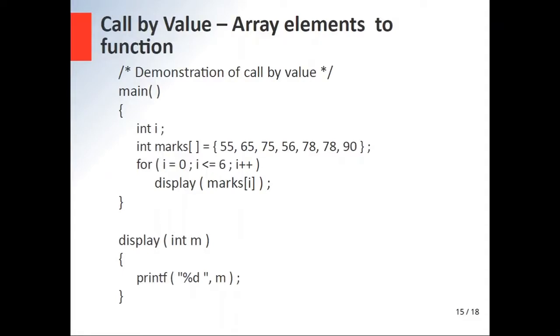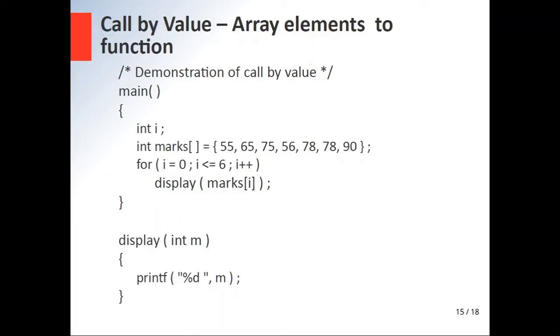In the main program, we have an integer array marks declared and initialized with a set of values. And we are using a for loop to access each element and call the display function to output the value of that element on the screen.